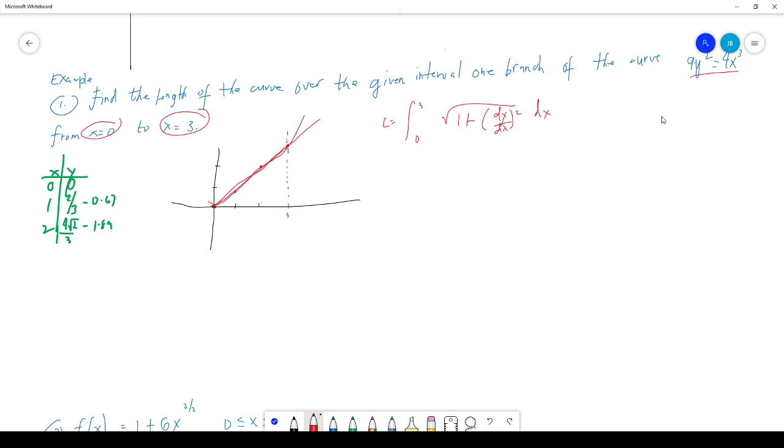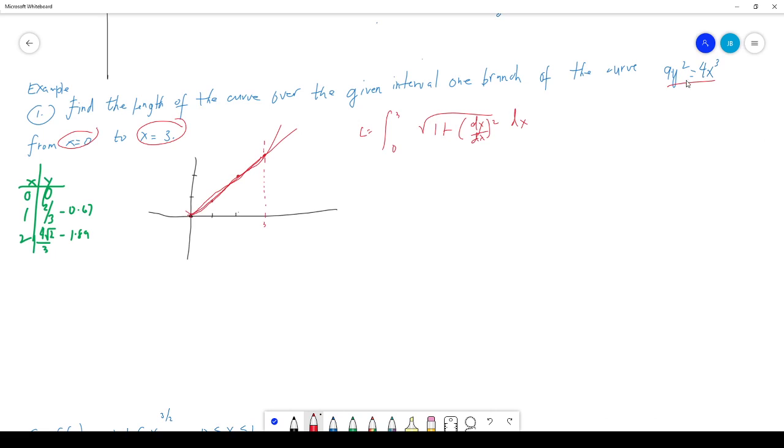Now, we are going to derive the curve 9y squared is equal to 4x cubed. That's 18y dy equals 12x squared dx. Our goal is dy over dx since our limits are in terms of x.